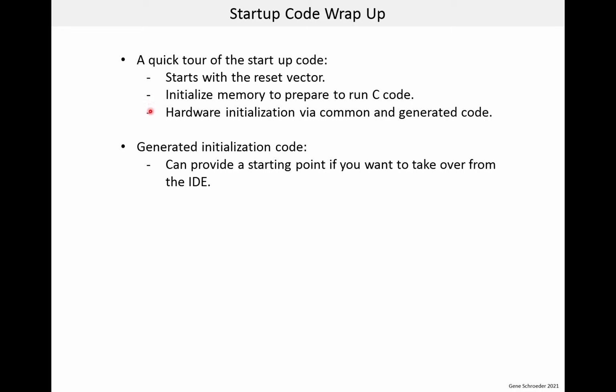Then we do hardware initialization via common and generated code. The generated initialization code seemed okay, but we should study it in detail to make sure it is doing exactly what we need. And by the way, this generated code can provide a good starting point if you want to take over from the IDE.